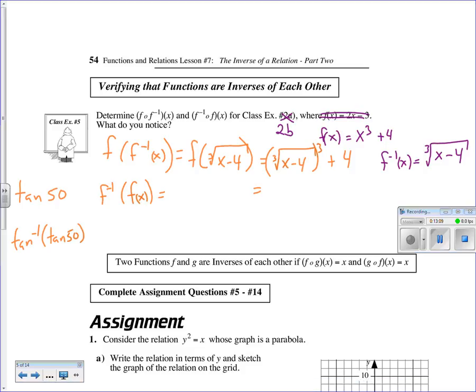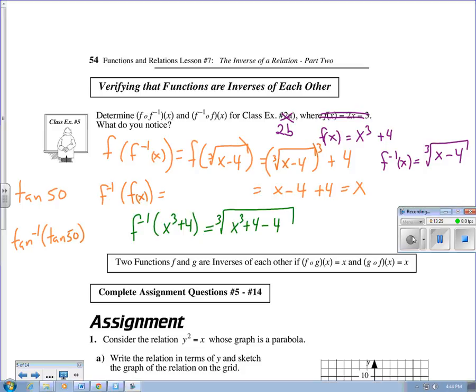So the cube root and the cubed undo each other. X minus 4 plus 4, I get back x. And I should expect the same results if I apply the composition in the reverse format. I'm going to do that work. Hopefully you can see what I had to do. My x for the inverse is defined by x cubed plus 4. I went into the inverse and plugged in for x cubed plus 4.